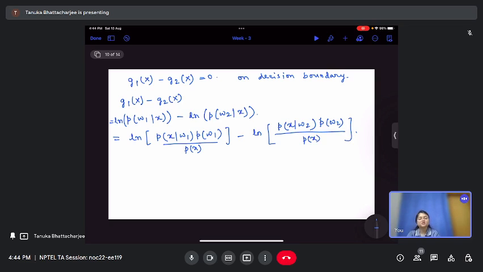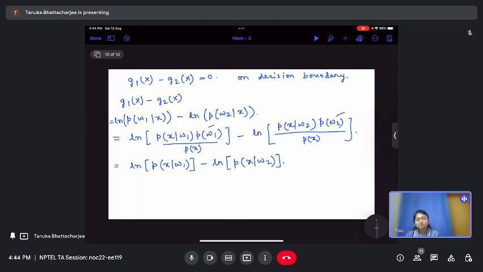Also we have that the two classes are equiprobable, so the terms with probability of omega 1 and probability of omega 2 will also cancel out. So the final expression that we will have is ln of the class conditional of class omega 1 minus ln of the class conditional of class omega 2.